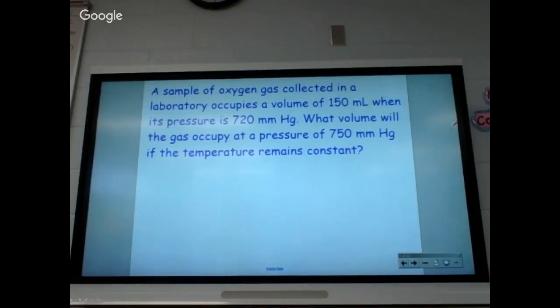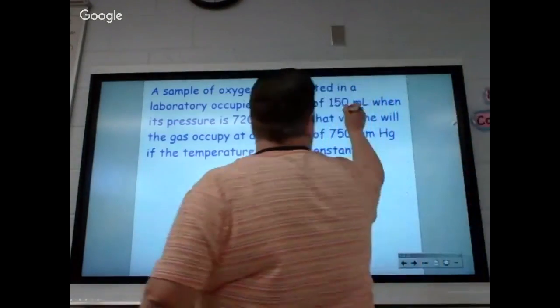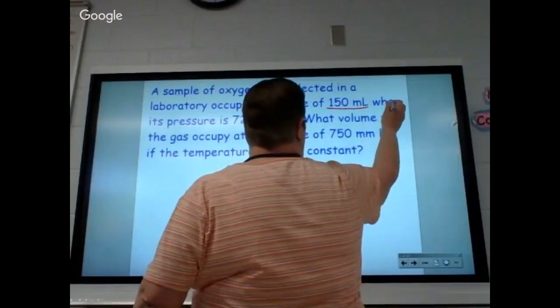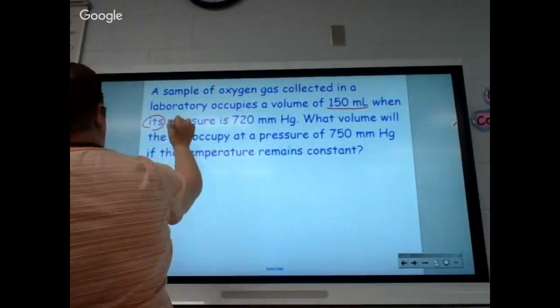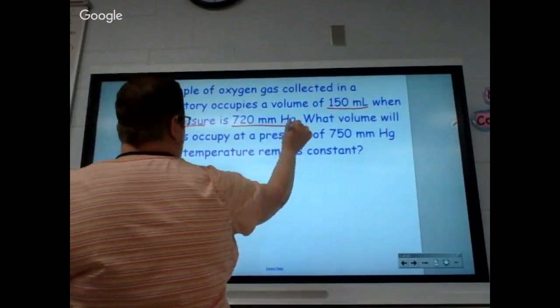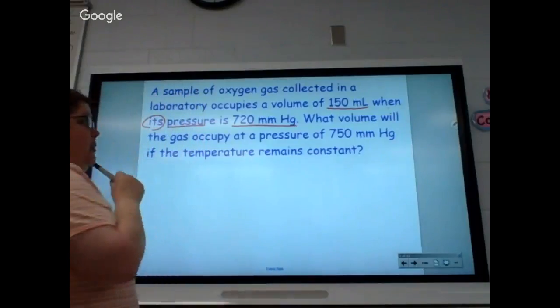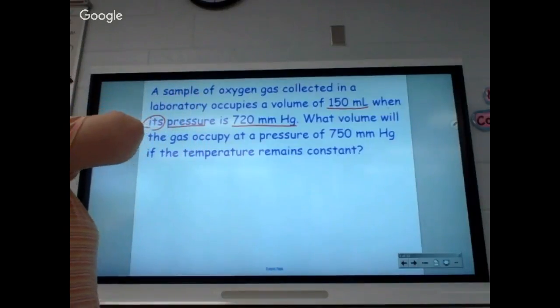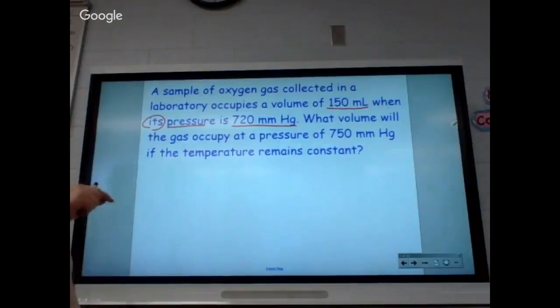When you look at 150 milliliters, what's a milliliter? A volume, a temperature, or a pressure? It's a volume, okay? Now, when you read the question and it says 150 milliliters when its pressure is 720 millimeters of mercury, what's a millimeters of mercury?